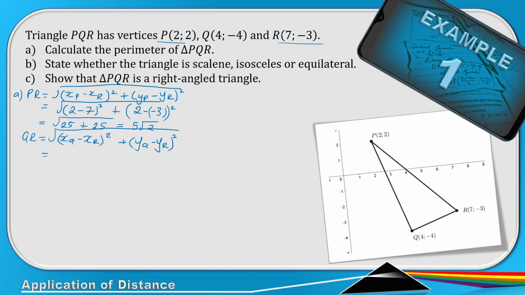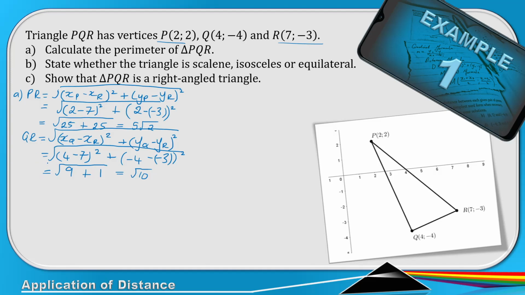So Q and R, it's 4 minus 7 squared plus negative 4 minus negative 3, all squared. Now 4 minus 7 is negative 3, so negative 3 squared is 9. Plus, negative 4 minus negative 3 becomes negative 4 plus 3, which is negative 1, and negative 1 squared is 1. Then we take the square root, and this will give us the square root of 10, which I believe is in the simplest surd form.